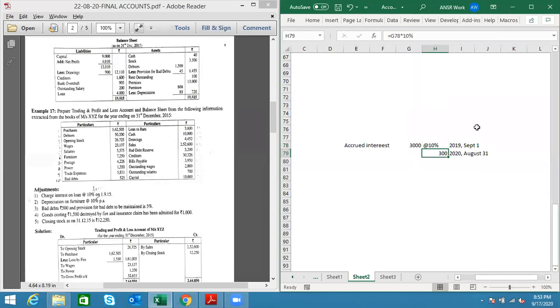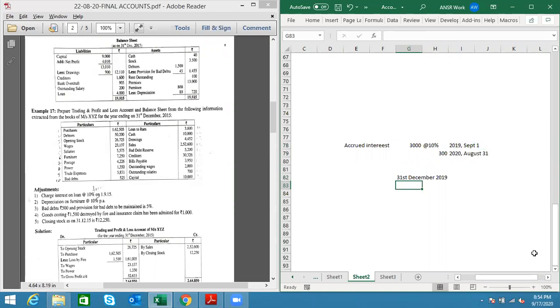Because we gave the loan on September 1st, 2019, on the date of 31st December 2019, we have not charged the interest. However, have we earned some interest? I'll repeat the question, the words are very important.